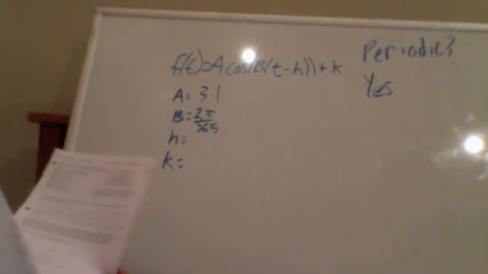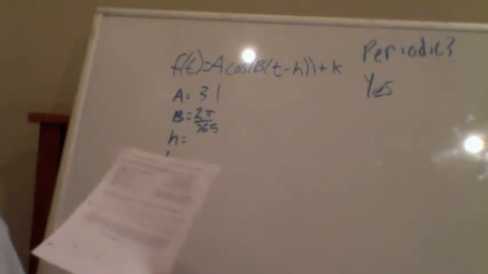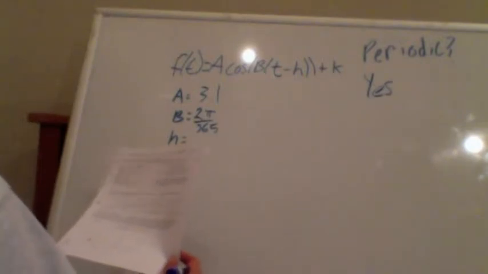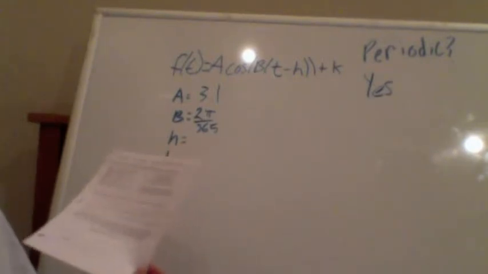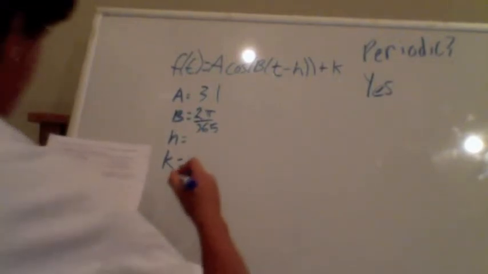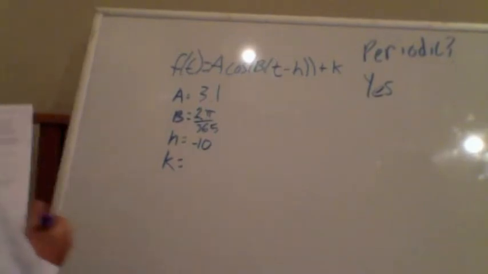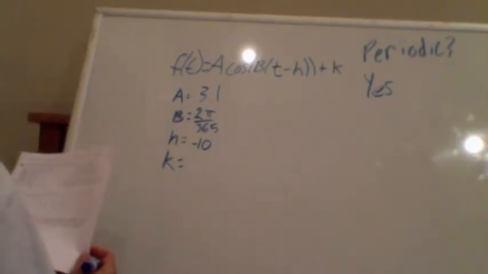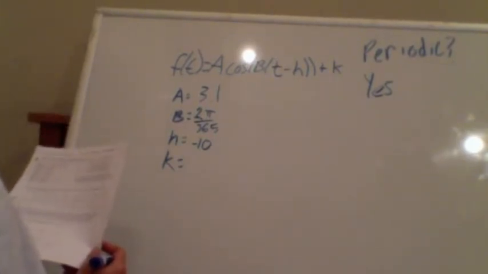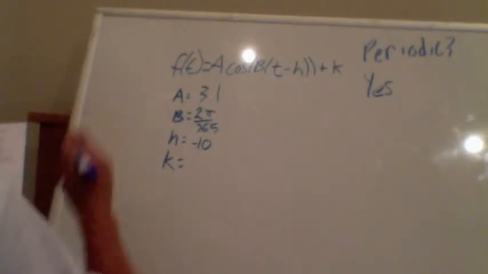And since the minimum lands on December 21st, our function needs to start on the first day of the year. So we need to start by shifting it over 10 days. And to do that, we need to give a proper h value of negative 10. And since the midline of the function is 12.17 hours, that'll be our k value, so we're shifted up that many.